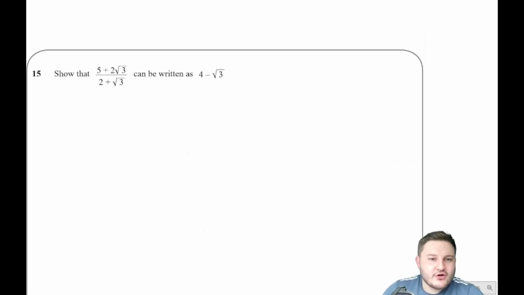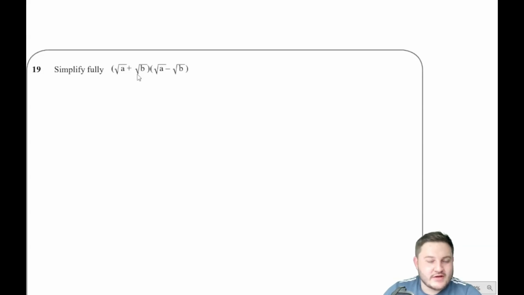Now, I'm not going to go through every single question here, although there are some absolutely fantastic questions like question 17, for example. A really interesting question where you have to rationalise the denominator twice over using two different techniques. And this one with surds, with letters, is also really interesting.